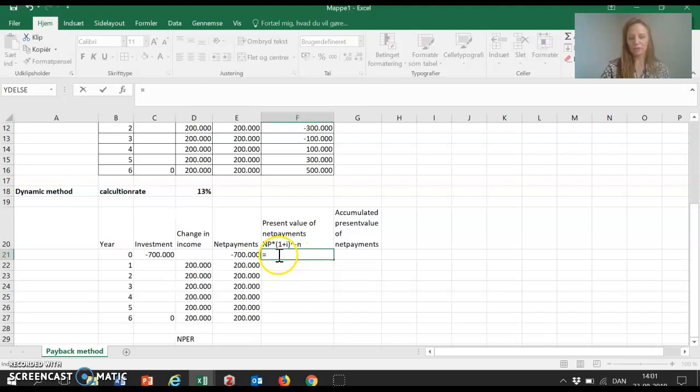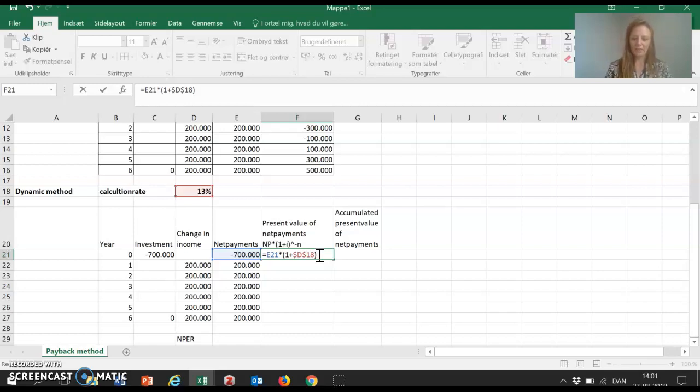So what I do here is to say, my present value, my net payment for the current year multiplied with my discount factor, which in this case is with 13% of interest, and I will fix that cell because I'm going to copy the formula down forward. Now remember to fix it with the F4 on a normal keyboard, or Command T if you have a Mac computer, or simply write the dollar signs manually.